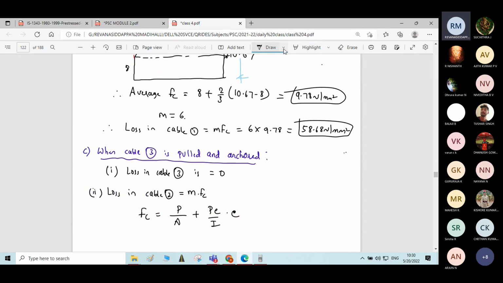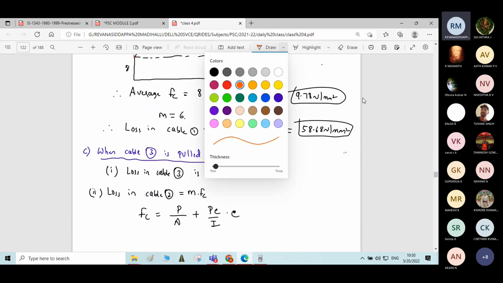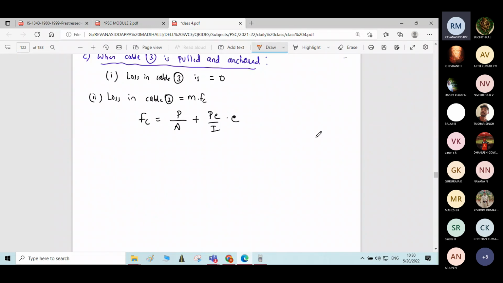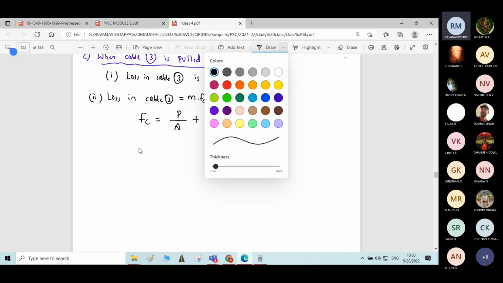Now, with respect to the notations of E, you are calculating loss in cable 2 when cable 3 is pulled and anchored. So you need to substitute E3 and E2 here.